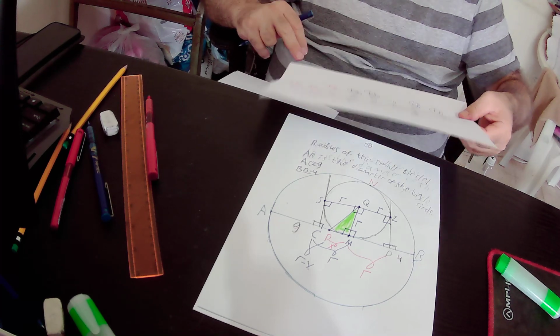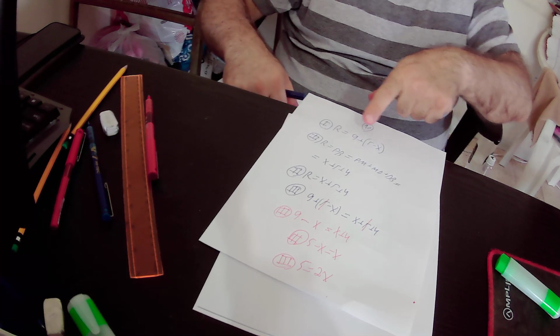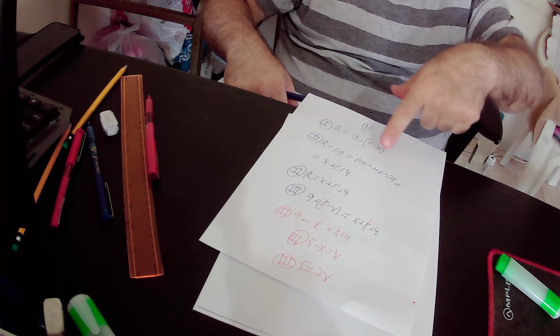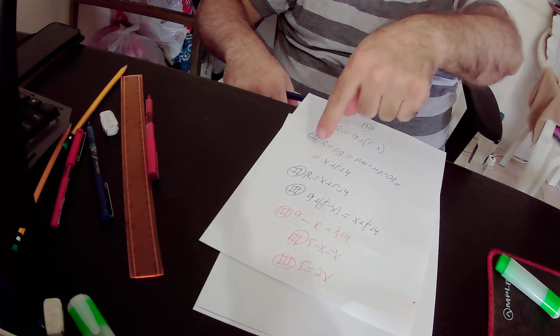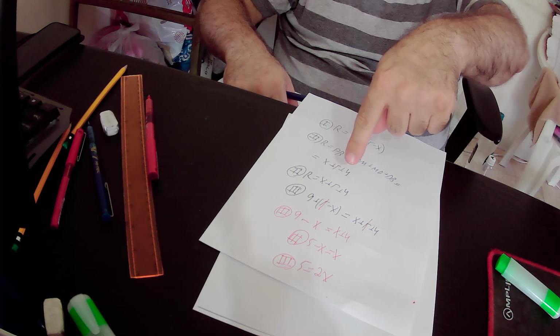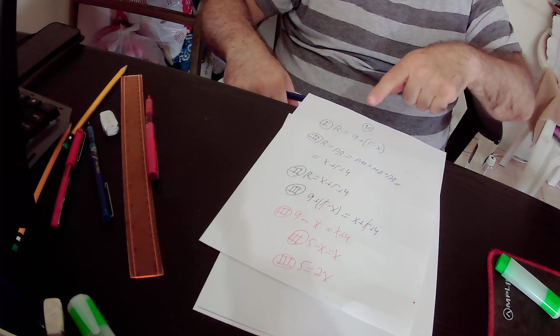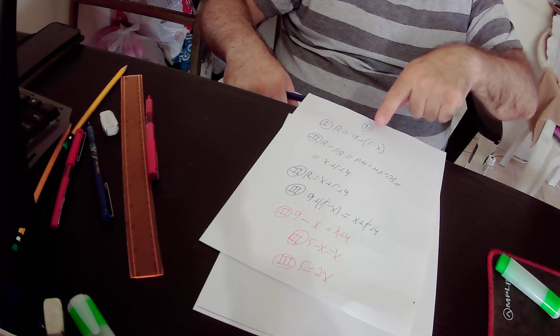That is to say, PB equals PM, that is x, plus MD, that is small r, and BD, that is 4. So in total, capital R equals x plus small r plus 4.